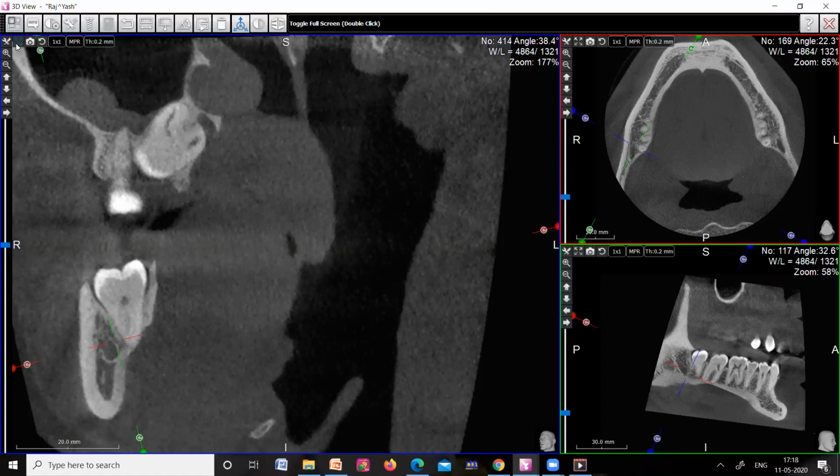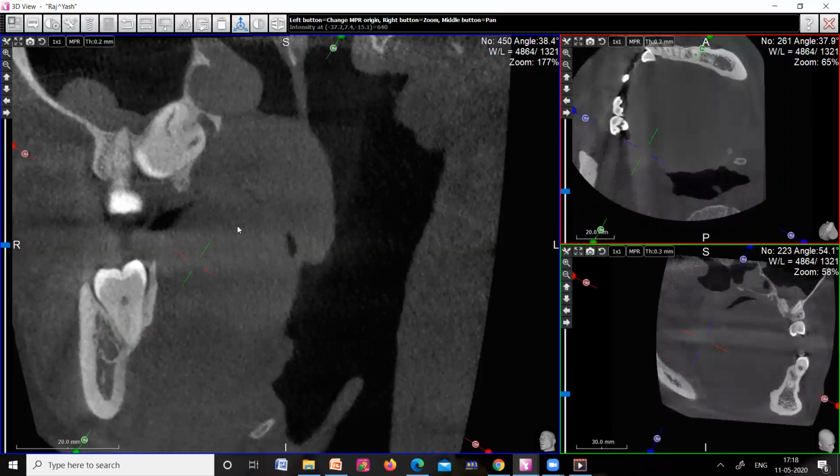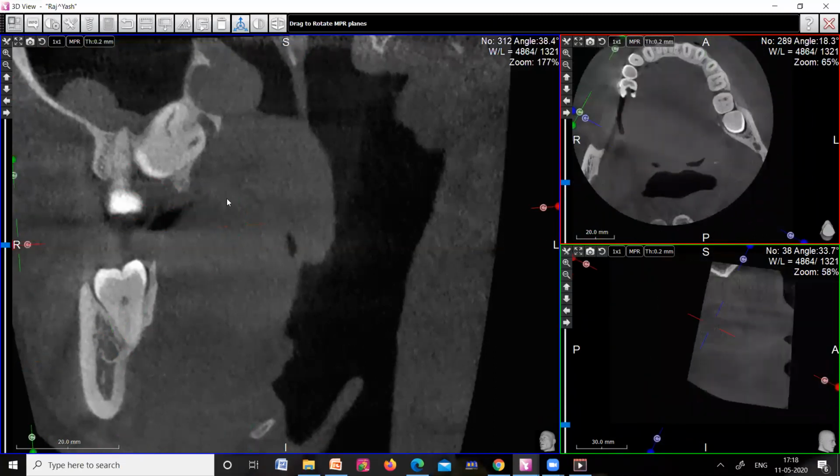So let me start from scratch so we can understand which section is which. We can always move the cursor, and at the same time we can determine which structure we want to see.